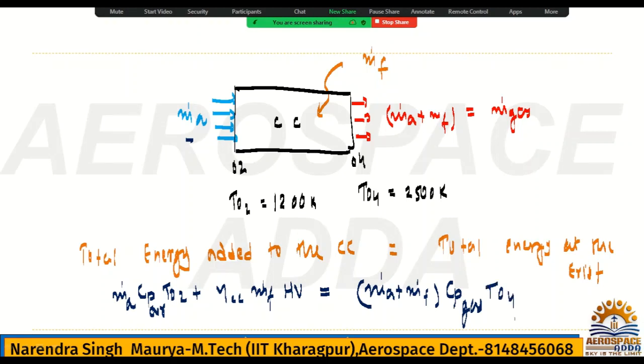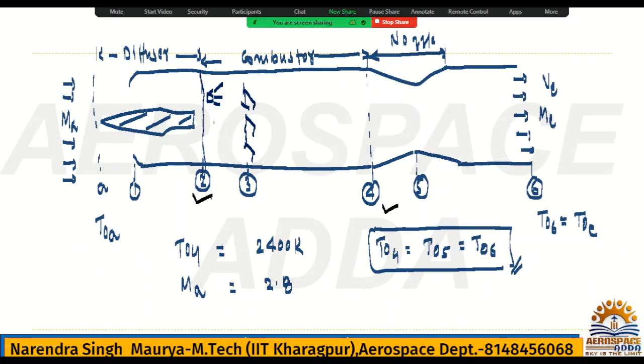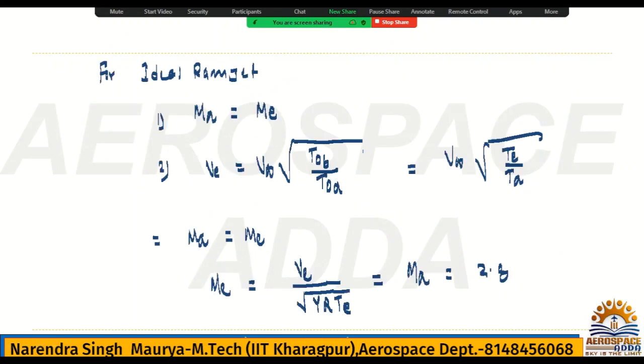As I explained this component in the jet engine, this is the fuel injector. Point 3 is just a flame holder, because the flow is going at very high speed and the flame may blow out. So you use a flame holder at station 3, but the combustor started at point 2 and ended at point 4. There should not be any confusion.